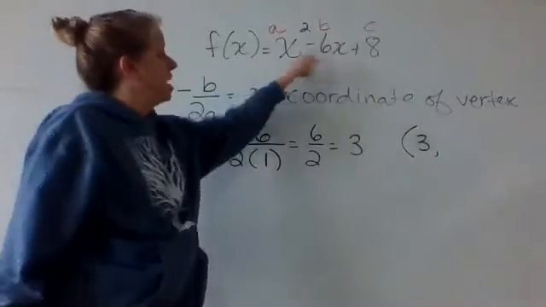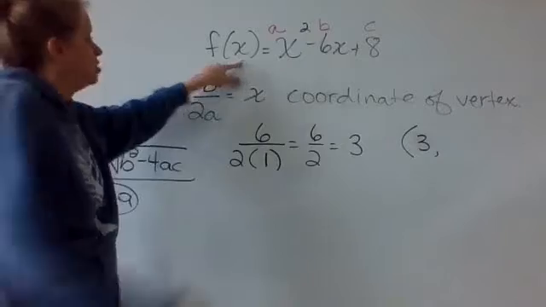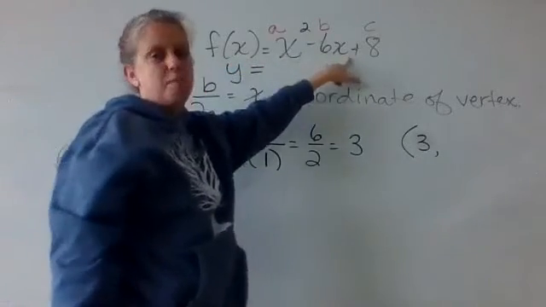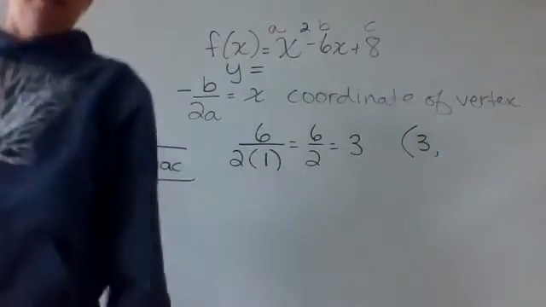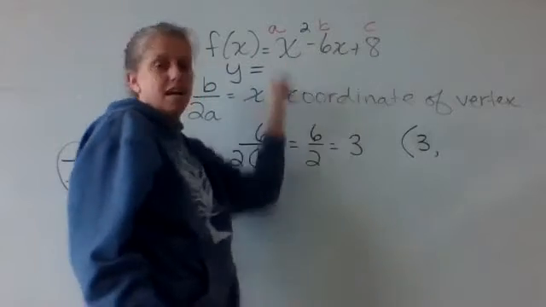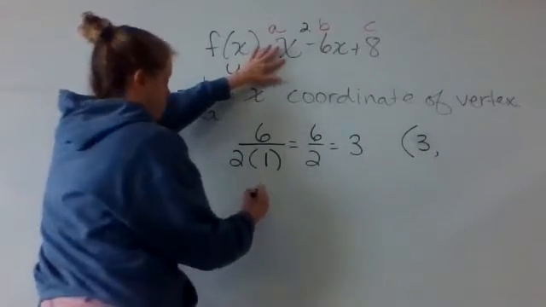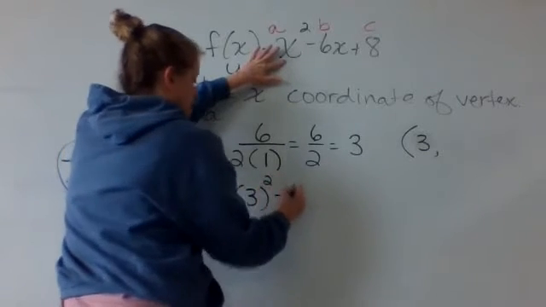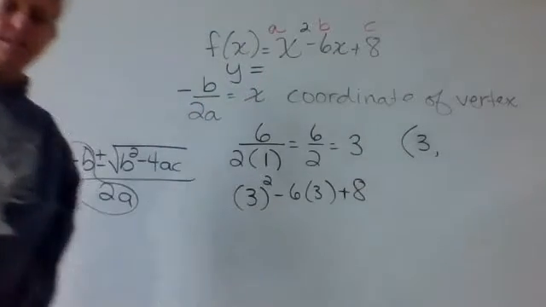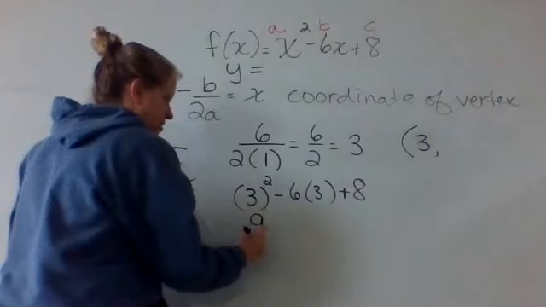Well, if I know what x is, can't I just plug it in for the x's? Because what does f of x also mean? That's the same thing as saying y equals x squared minus 6x plus 8. So if I know what x is, I'm just going to replace the x's here and here, and then I'll know what the y is. So let's see, if I replace x with 3, I'll have 3 squared minus 6 times 3 plus 8. 3 squared gives me 9.